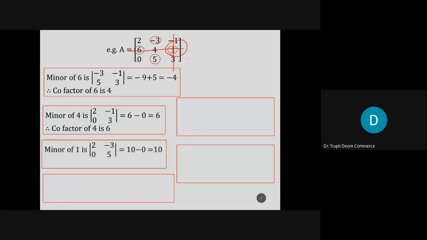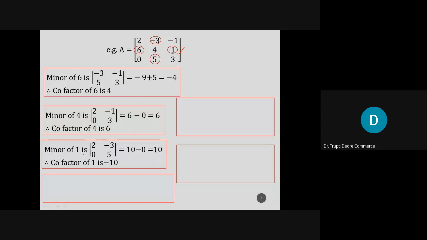Yes, it's a 10. 5 into 2 it's a 10, minus 0 into -3, 0. So it's a 10. Now what we have to do for the cofactors? We have to change the sign, right? We have made a circle, so the sign has to change. The original sign was plus, so the cofactor will be -10.